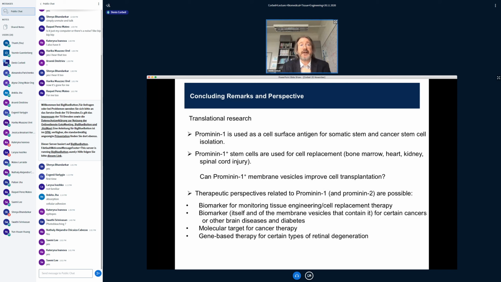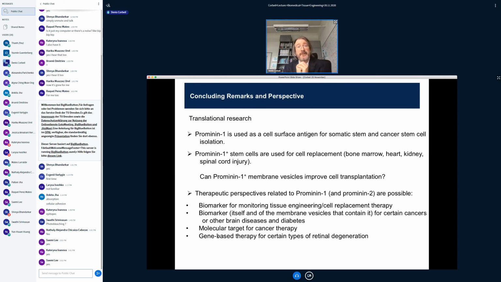It can be used as a molecular target for cancer. We know that the overexpression of prominin can create cancer. Maybe we can think to target the cancer cells by targeting CD133. But in this case, we need to keep in mind that prominin-1 is not expressed only in cancer cells, but also in normal tissue. So if you want to target them, you need to be very careful, because otherwise you can kill normal cells, in particular those in the retina, which express prominin-1.